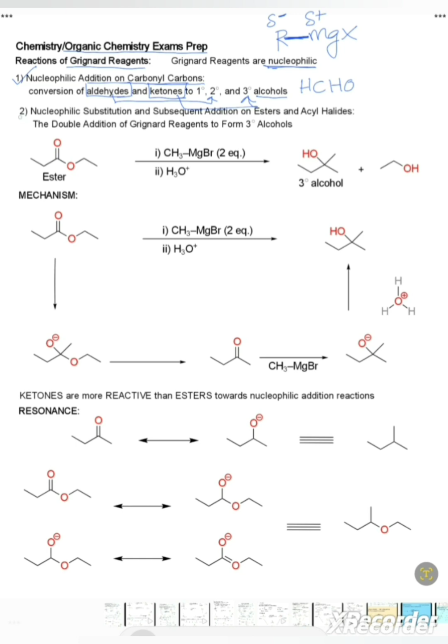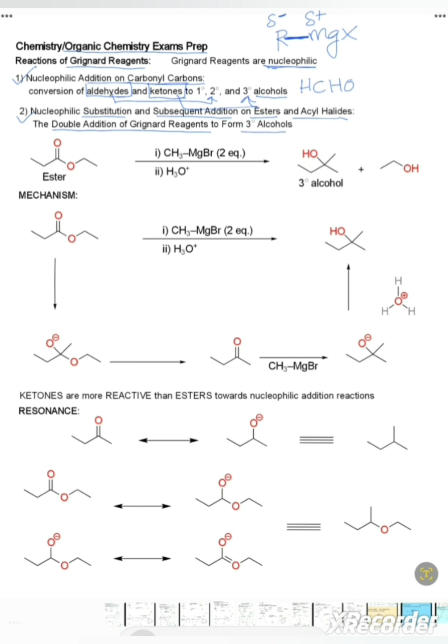So now the second type of reaction, this is also important, the nucleophilic substitution and subsequent addition on the esters and acyl halides. So this is a double addition of the Grignard reagent, and the product of this reaction is tertiary alcohols.